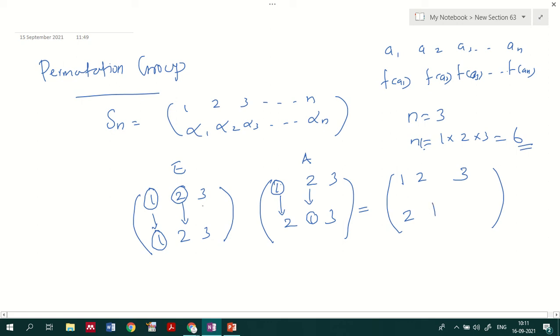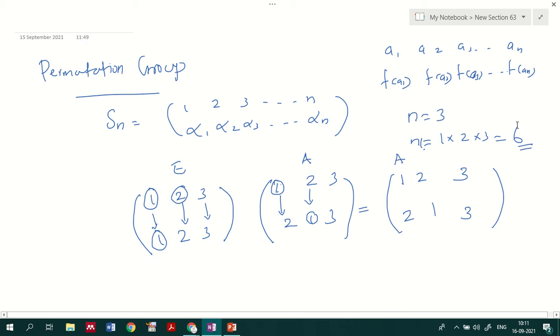Now take 3. Corresponding to 3 we have 3, and the value corresponding to 3 is 3. This is our a, 1 2 3 and 2 1 3.